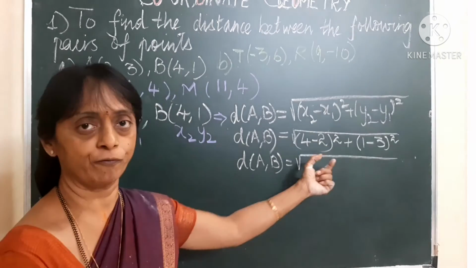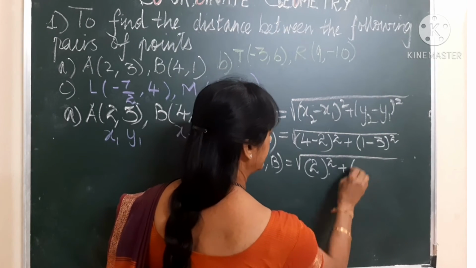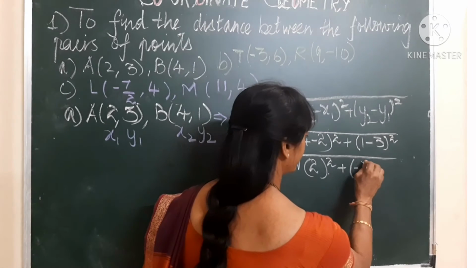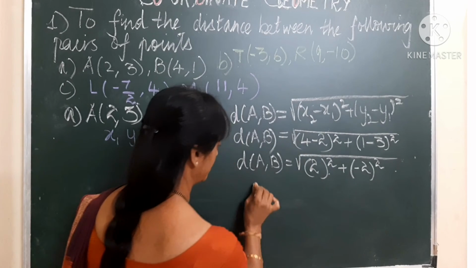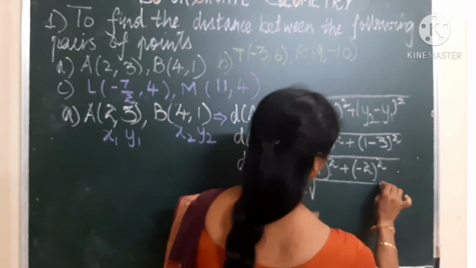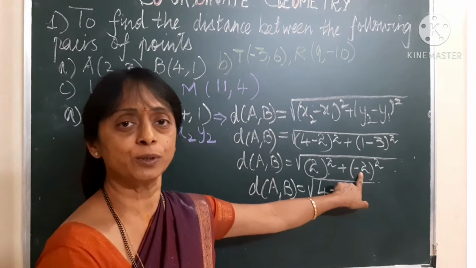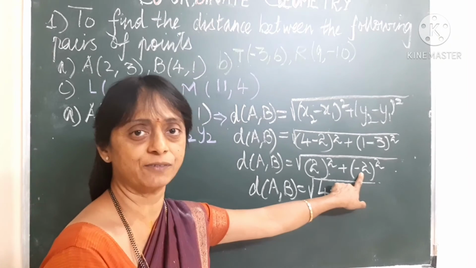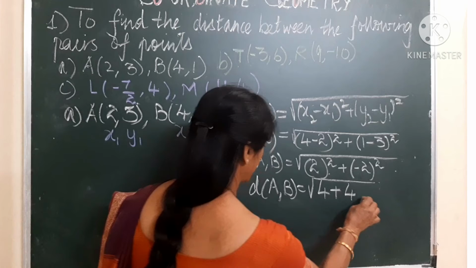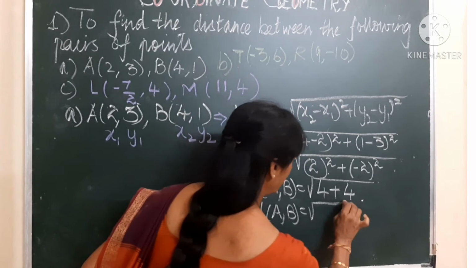In the first bracket, 4 minus 2 gives us 2, 2 square plus 1 minus 3 we know is minus 2 the whole square. So distance AB will be equal to 2 square, that is 4, plus minus 2 into minus 2 again gives me plus 4, plus into plus will again give me a plus. So distance AB will be equal to square root of 8.